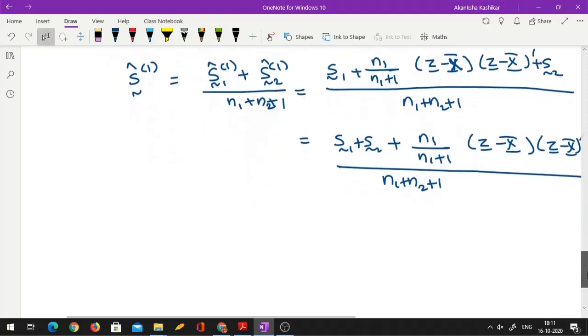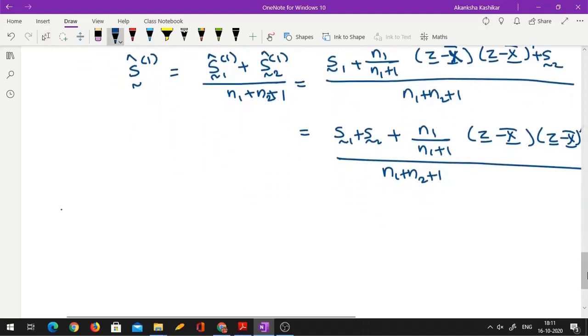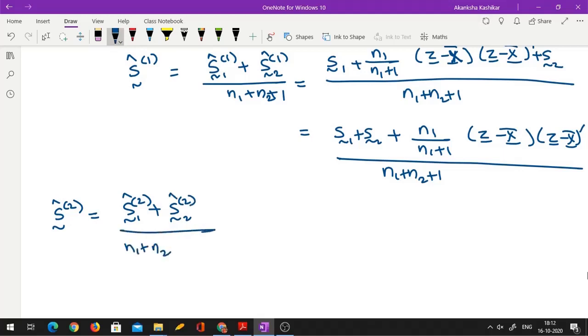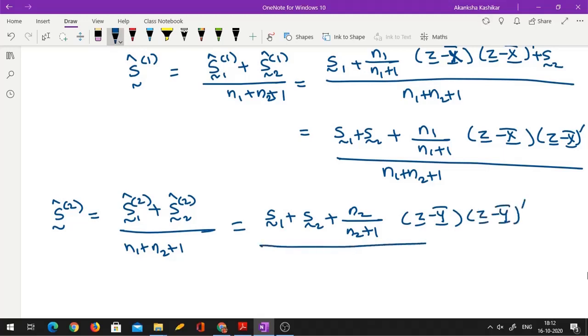Okay so far? Then similarly, the estimate of the entire CSSP matrix under the second hypothesis would be the estimate of S1 under second hypothesis plus the estimate of S2 under second hypothesis upon N1 plus N2 plus 1. So that would become S1 plus S2 plus N2 upon N2 plus 1 Z minus Y bar Z minus Y bar prime upon N1 plus N2 plus 1.